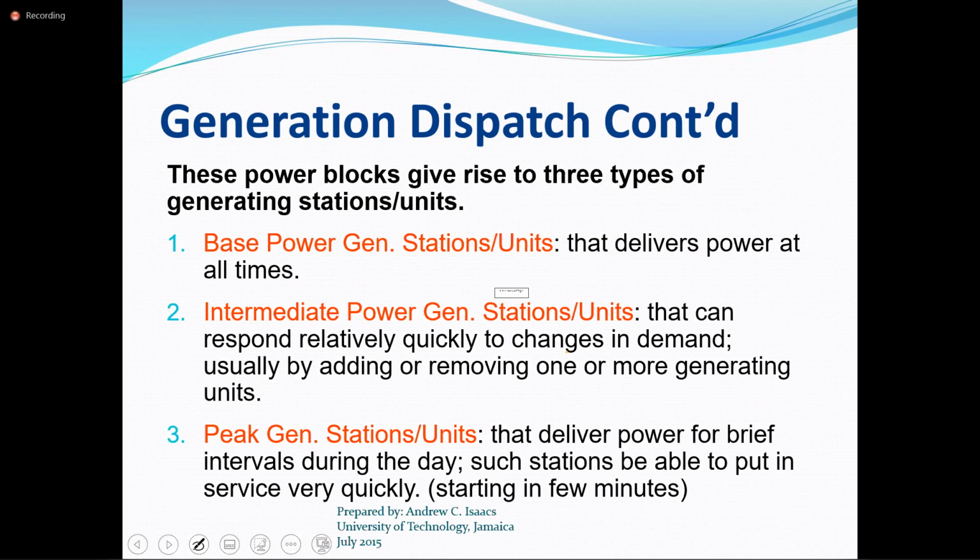All right. So in referring to the generating units, as I said, you have the base, you have the intermediate, and you have the peak. And I've given you the plot for the load.